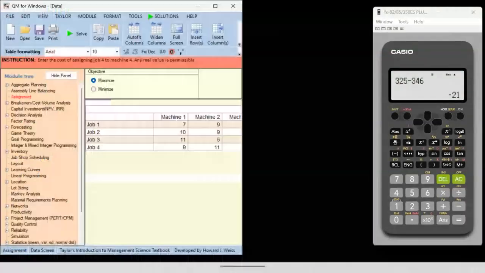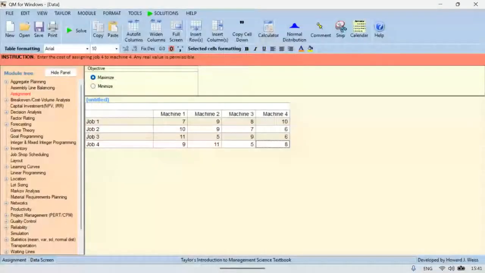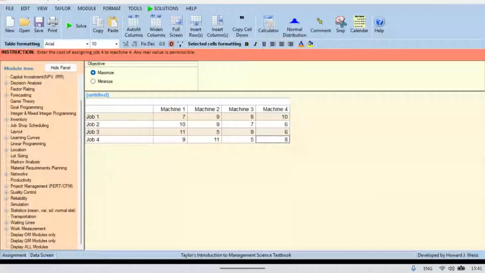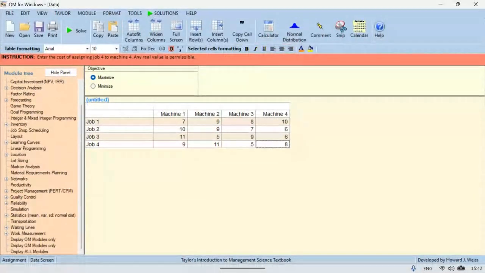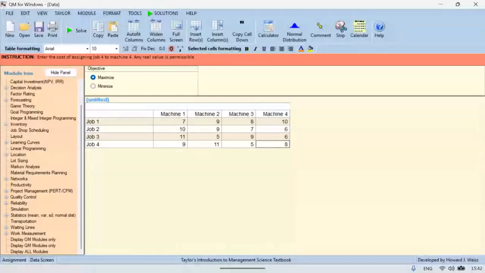Sequencing, where's sequencing here? What's sequencing? Could it be under inventory?